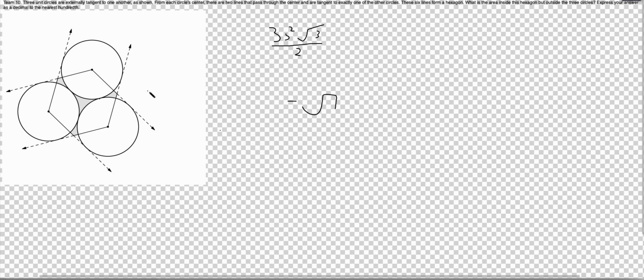Now all we need to do is find this length. We can use a 30, 60, 90 triangle over here, and we see that this length is 1.